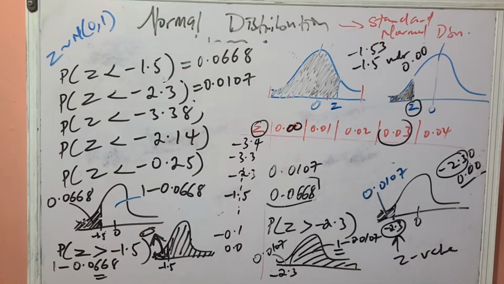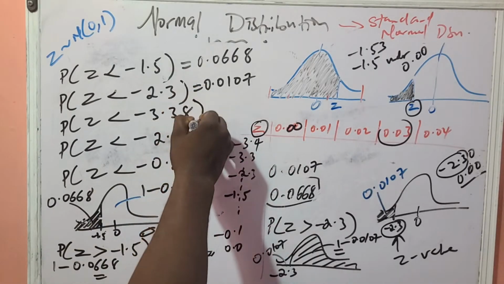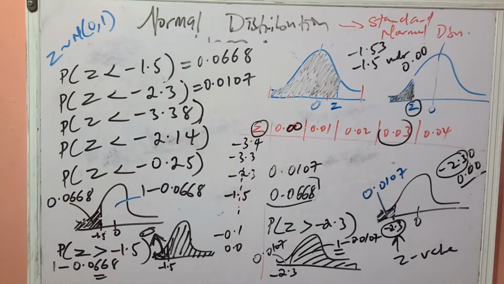All right. So guys, now that you understand that, I want you to start with this. Can you go on now to solve the probability of z less than minus 3.38? And then subsequently, I want you to do z greater than minus 3.38. Can you do that very quickly? Of course, I'm going to do it for you, but I want you to do yours first.